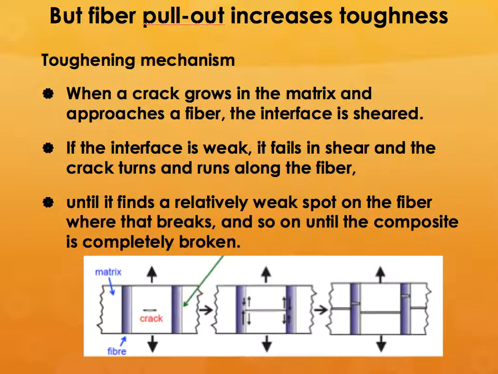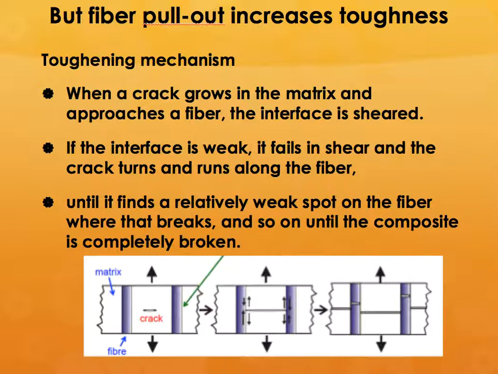This is how a crack will move from one part of the composite to another. You have a crack that is running through, it hits an interface, and it travels along that interface till it finds a weak point in that fiber.